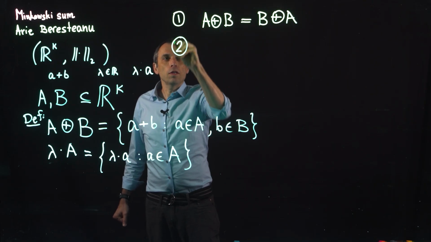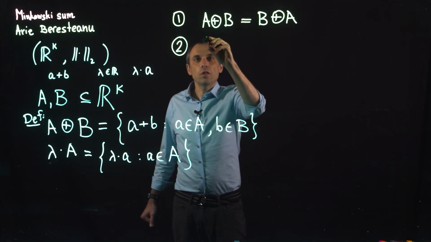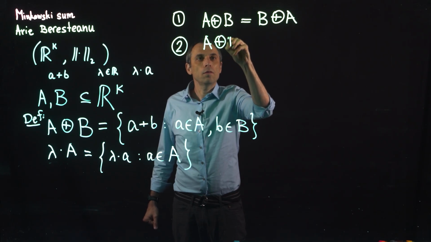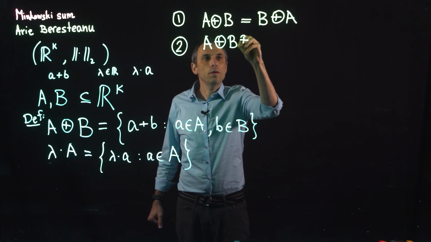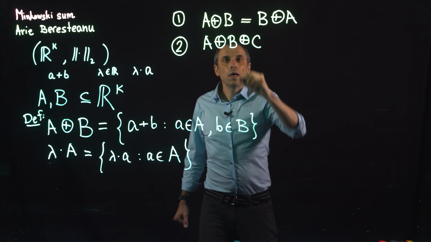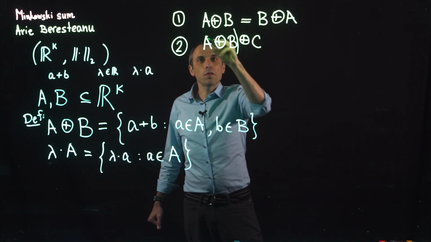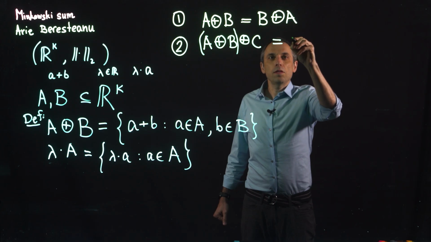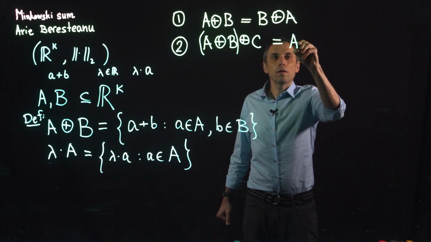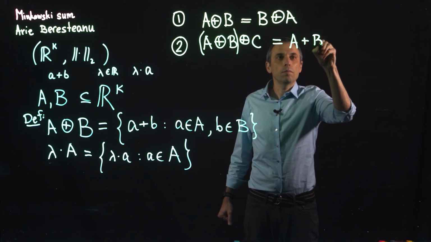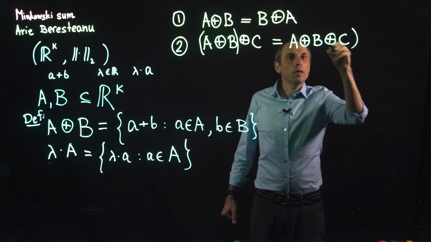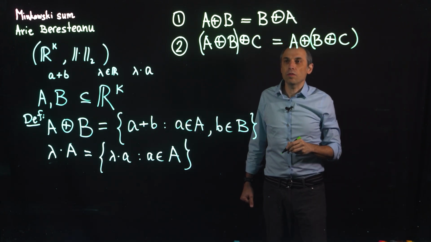The second property, which is also true, is that if we take three sets, A plus B plus C, and we first take the sum of the first two, and then we add the third one, it will be the same as first summing the last two, with this special Minkowski summation, and then adding the first element.